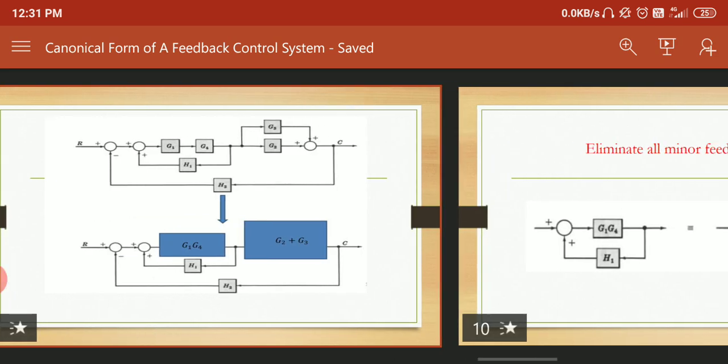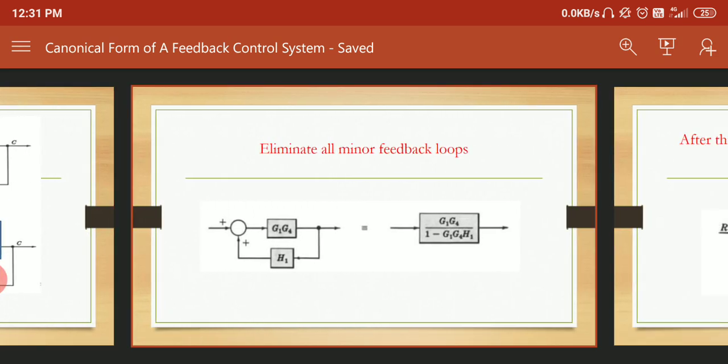The next step is eliminating all minor feedback loops. In this example, the feedback loop is H1. For eliminating the minor feedback loop, we take G1 G4 upon 1 minus G1 G4 H1.